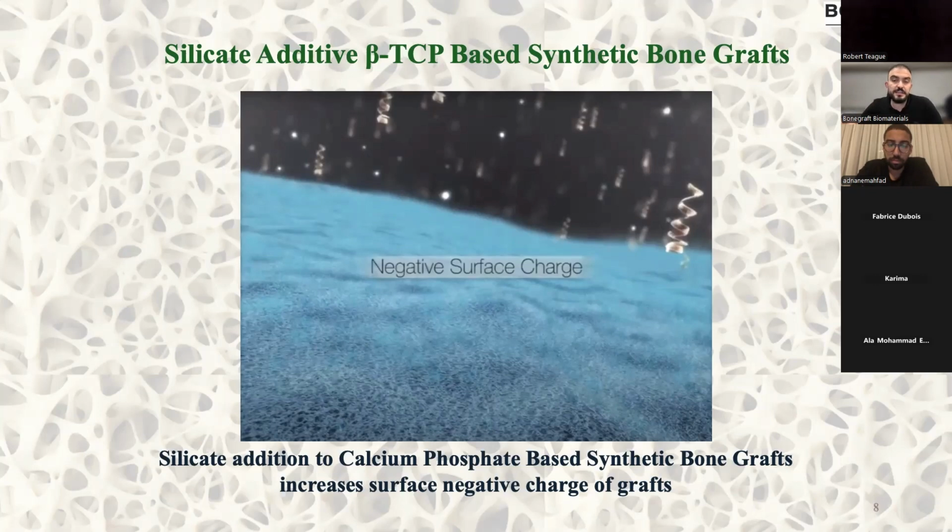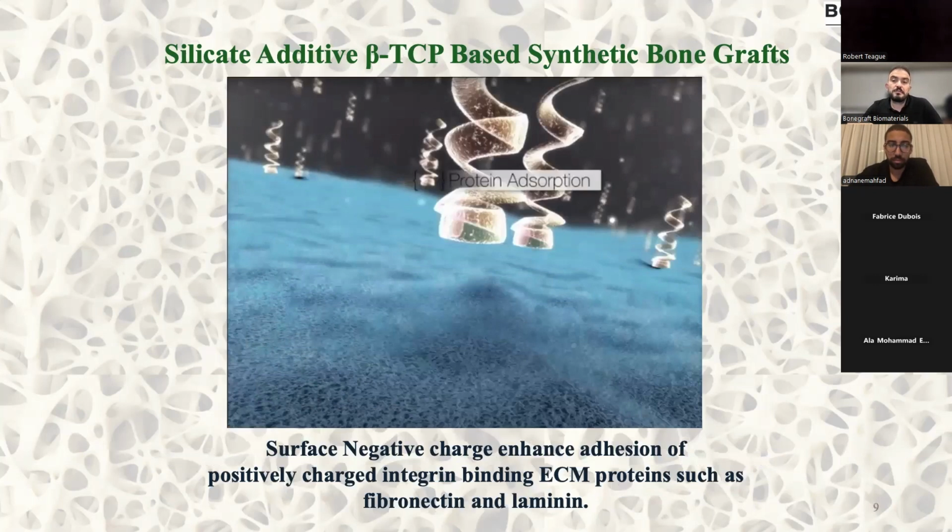With silicate addition, what we achieved was we increased the negative charge on the surface of the graft material. This negative charge basically ionically binds the positively charged extracellular matrix proteins fibronectin and laminin. So why is this ionic binding important?